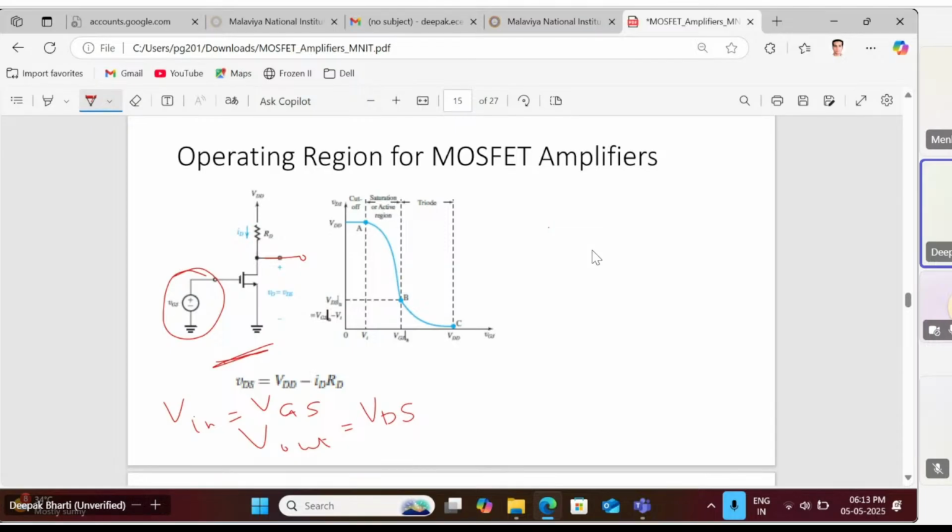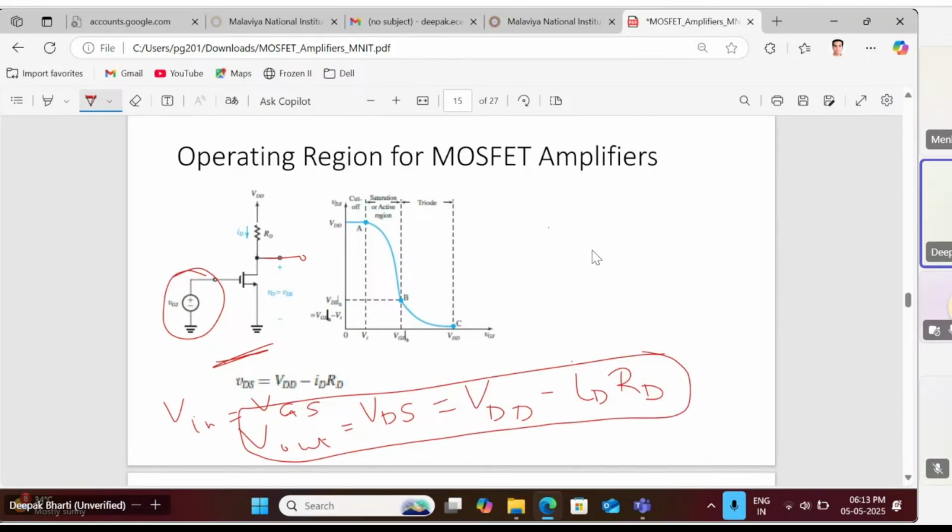V out is equal to VDS, and if I use KVL, VDS is equal to VDD minus ID RD. So V out is equal to VDD minus ID RD.